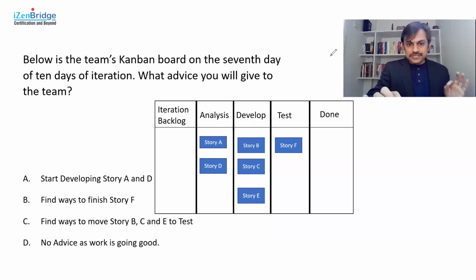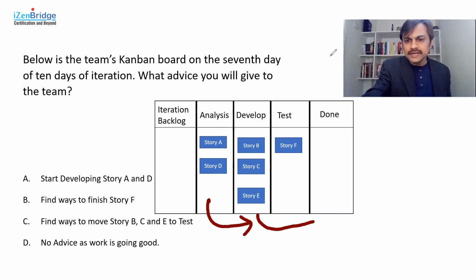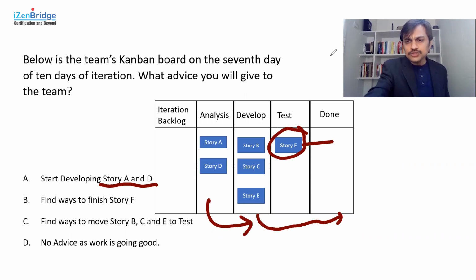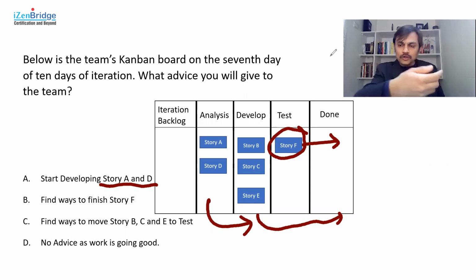One concept is saying: let's push everything so that at the end we will get things done. That's stories A and D; let me push them into development. That's one way of looking. Another way of looking is that I remove the blocker, the last leaf, into done first, so that others can automatically get pulled.